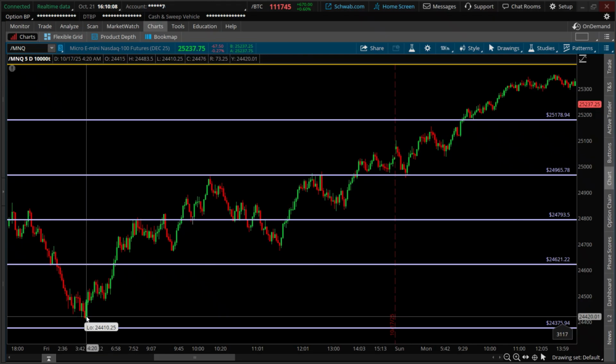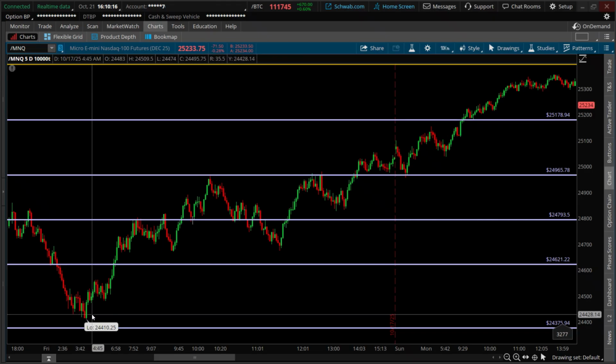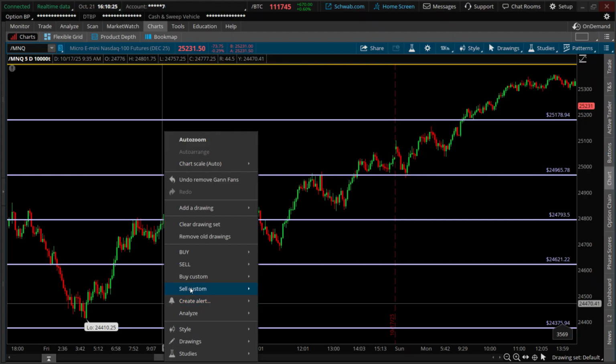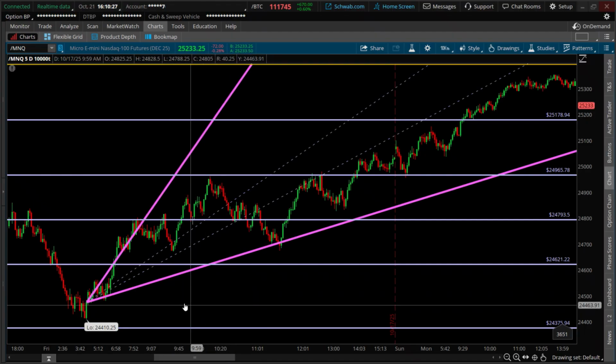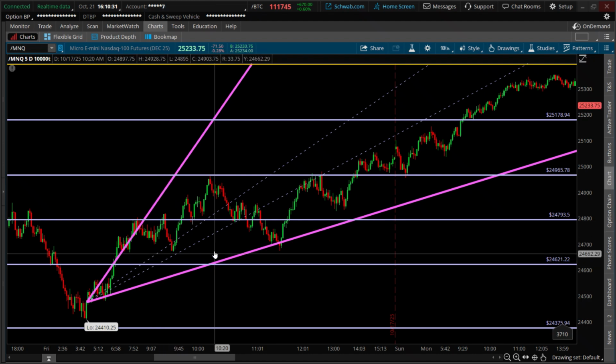Using this green candlestick from October 17th, which appears to be what started this uptrend, as an anchor point for this tool called the Gann fan, it appears the current market structure is inside between these purple trend lines.